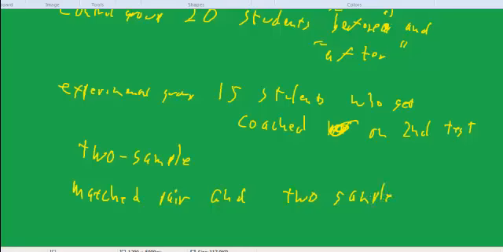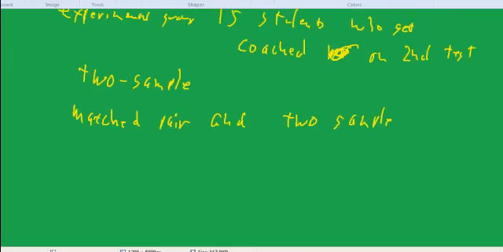The main difference is that with a matched pair, the same n is absolutely necessary. It simply would not make any sense to be talking about before and after where we have a different number before from the number after.